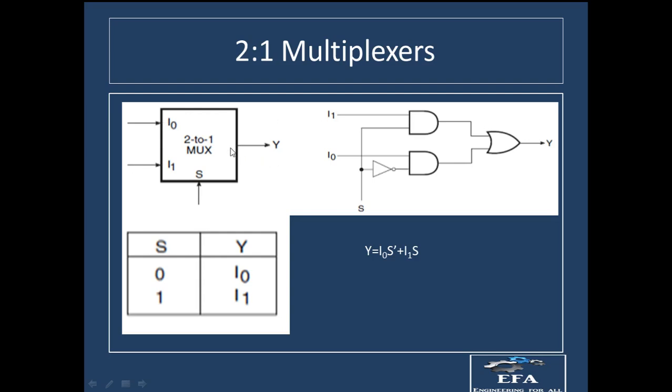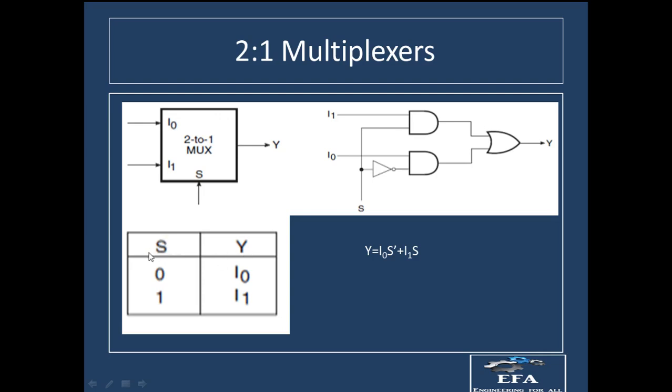In this way you can say that a 2 is to 1 multiplexer is a type of circuit which is accepting the signals from two input lines, and according to the value of the select, it is sending the information onto the output line, right? So if we have to make the truth table from this description, how can we make it? You can see that we are having S as the select line and Y is our output line.